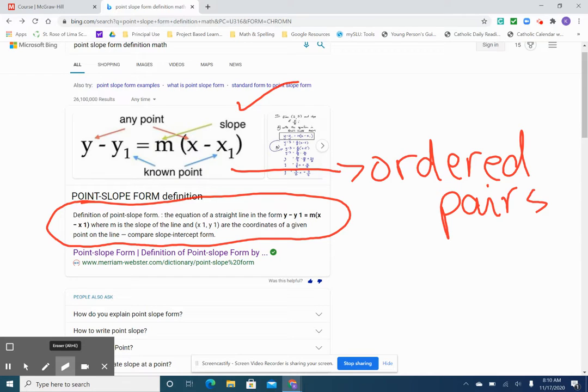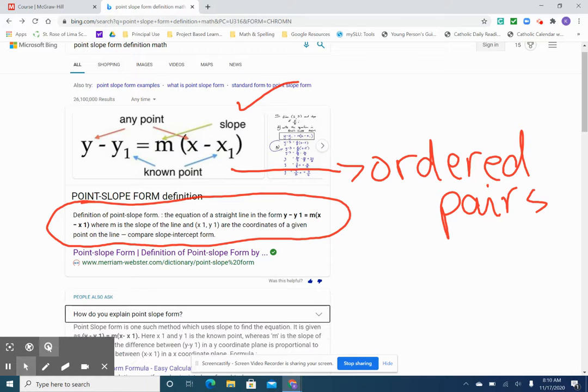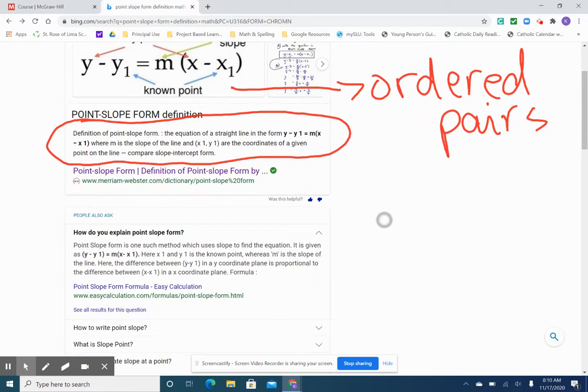Your sentence, I want you to put this in your own words. How would you use point slope form? If you know the slope, you could certainly use it there. And if you know 2 points on the coordinate plane, you can certainly use it there.